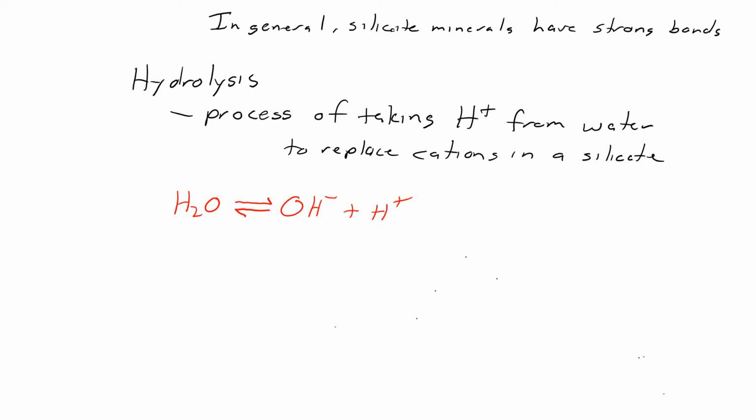So bottom line is that if you had a glass of water, the vast majority of it would be H2O. But at any point in time, you're going to have a small amount of OH minus and a small amount of H plus. And acidic waters just means that you have an abundance of H plus. So you get even more H pluses if you are in an area where the water is acidic.